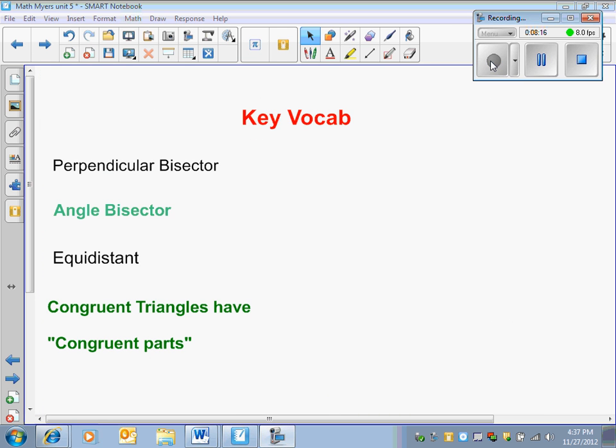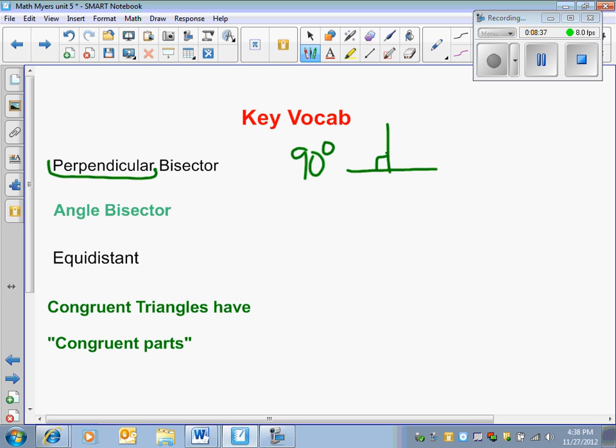All right, in this unit, we're going to see some key vocabulary words. Perpendicular bisector is going to be one of our key vocabulary words. When you think about perpendicular, folks, what comes to mind? 90 degrees. Okay? So in 90 degrees, we're talking about angles. So here we are. These are 90-degree angles.